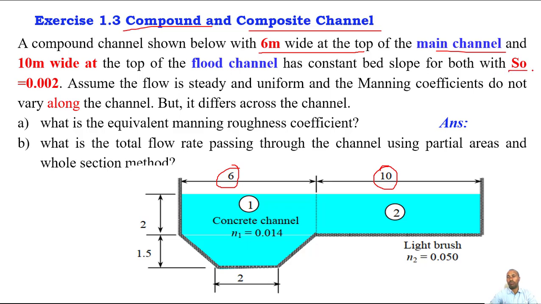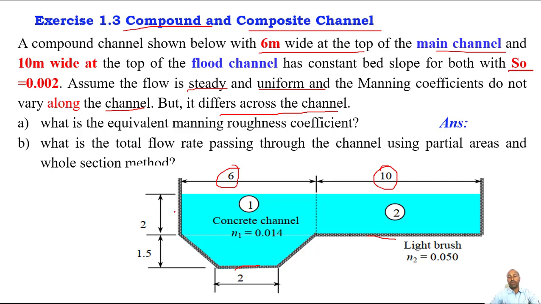Bed slope is the same at this point and at this point. Assume the flow is steady and uniform, and the Manning coefficients do not vary along the channel, but they differ across the channel. Across the channel, the Manning roughness is varying, but along the main channel, longitudinally, it is just the same, no change.